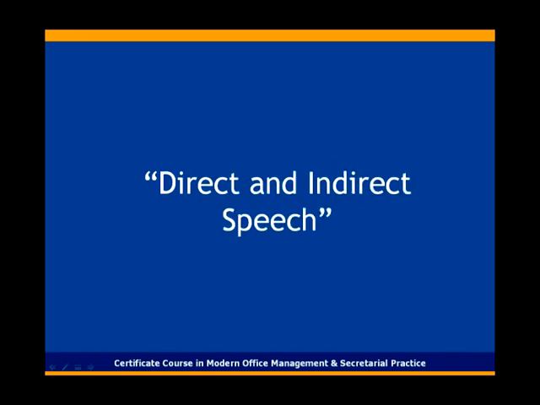The kinds of words we use to give this information to others help them understand what happened easily. We use direct and indirect speech in order to give this information.